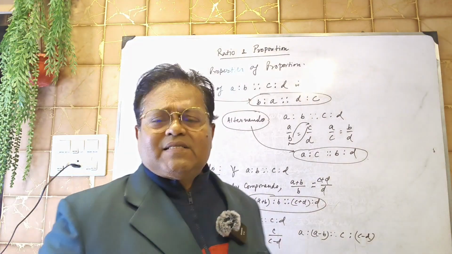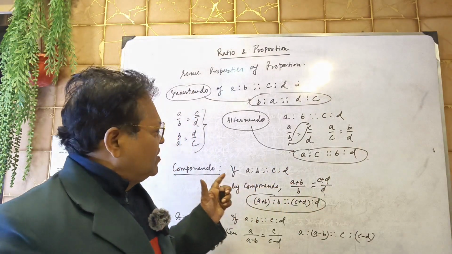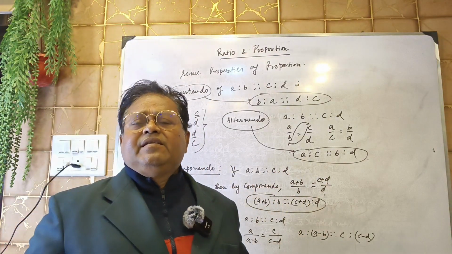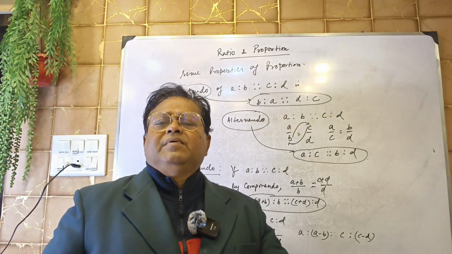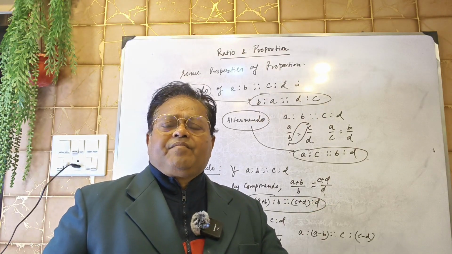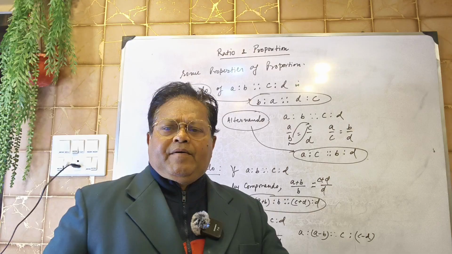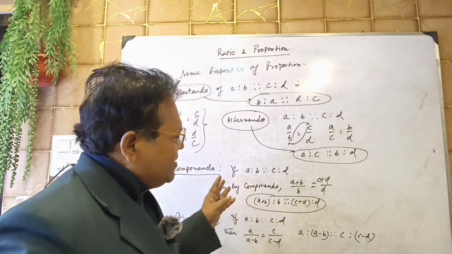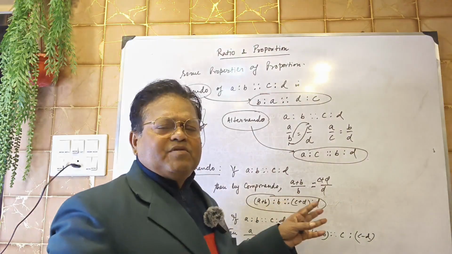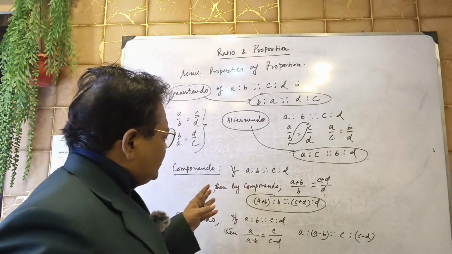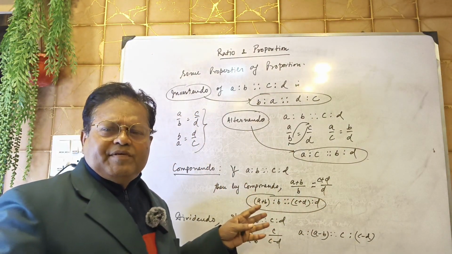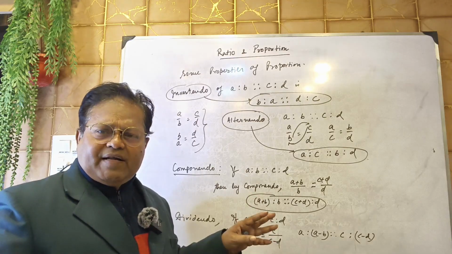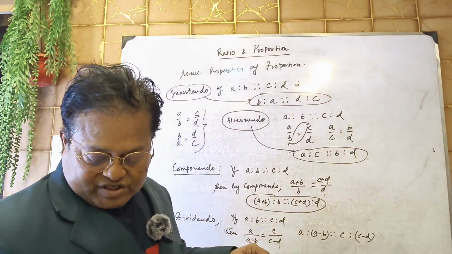I can't understand why they deleted these types of important relations in properties of proportion. Why is it deleted? Why is it not given? In every sum you will have to apply componendo, dividendo, alternando, invertendo, this type of relations.